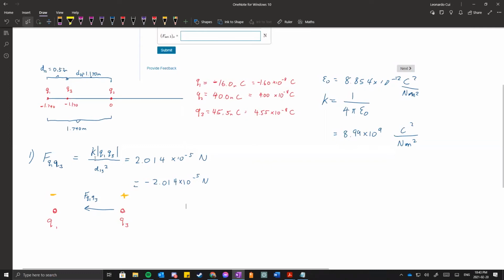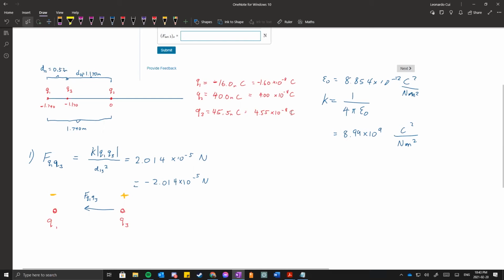And that is equal to K times the absolute value of Q1 times Q3, over the distance between charge 1 and charge 3 squared. We first need to find the value of K, which we calculate to be 8.99 times 10 to the power of 9.